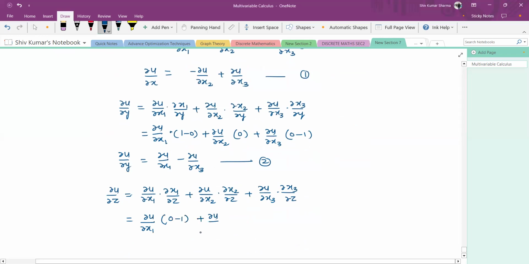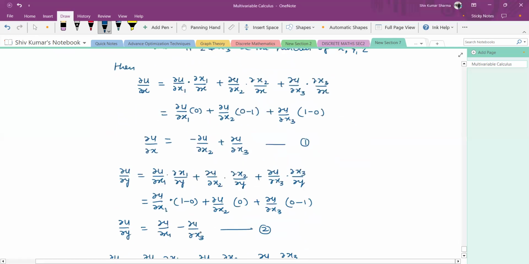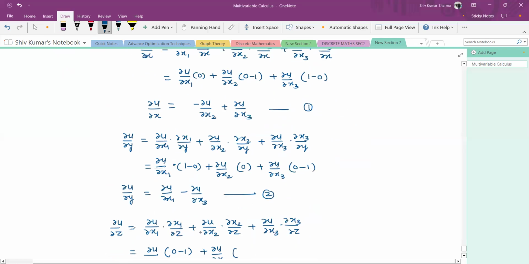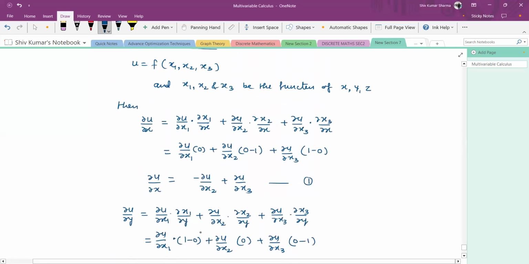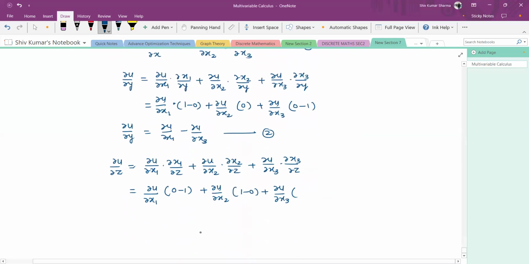Plus del u upon del x2 into del x2 upon del z, which is 1 minus 0. Plus del u upon del x3 into del x3 upon del z: there is no term of z in x3, so the derivative will be 0. So del u upon del z is equal to del u upon del x1 plus del u upon del x2. This is our equation number 3.